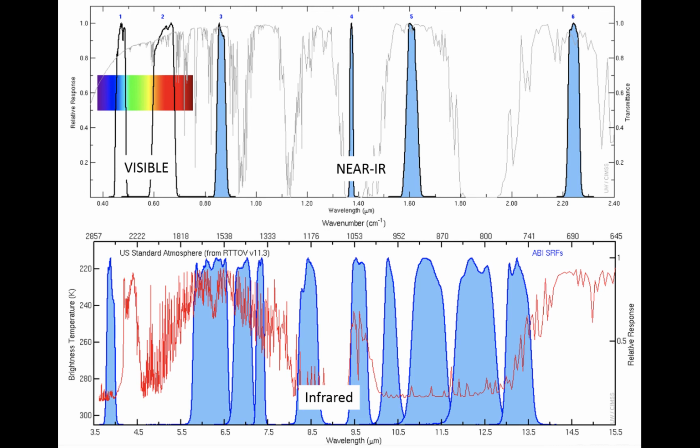We can tell that the band is narrow because the spectral response function is not very wide. At this wavelength, the transmissivity of the atmosphere is near 0, as indicated by the gray line. This is because water vapor absorbs radiation at this wavelength. Obviously then, the purpose of this band is not to detect radiation scattered off the ground or ocean. Instead, its primary purpose is to detect high cirrus cloud.